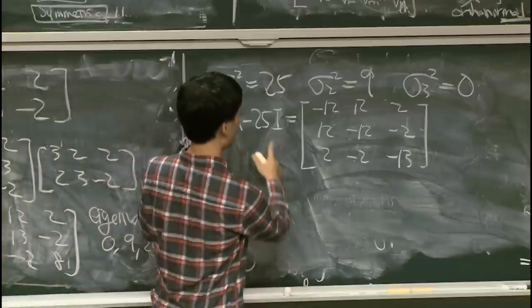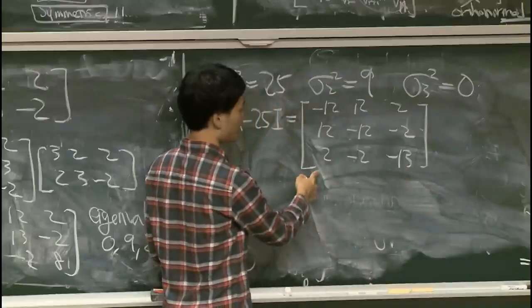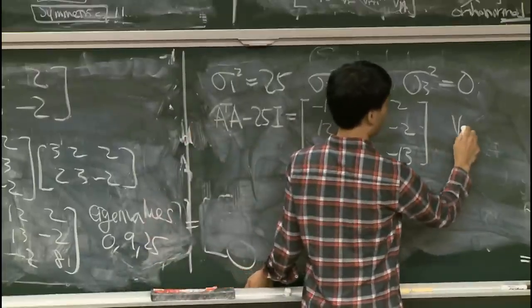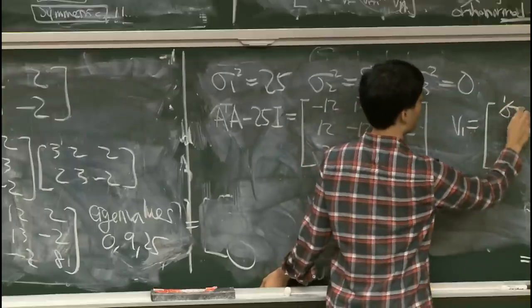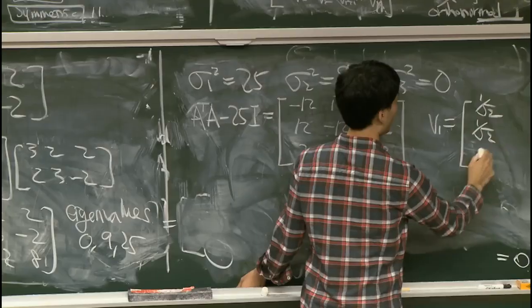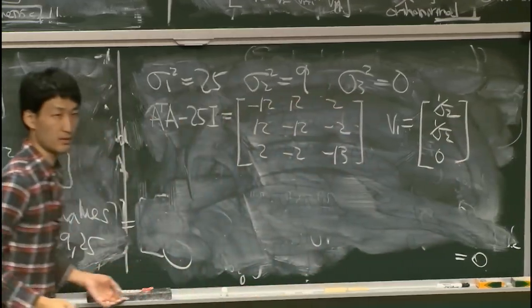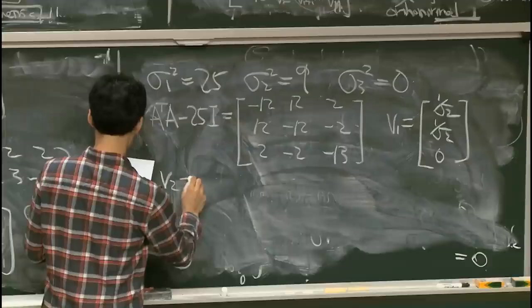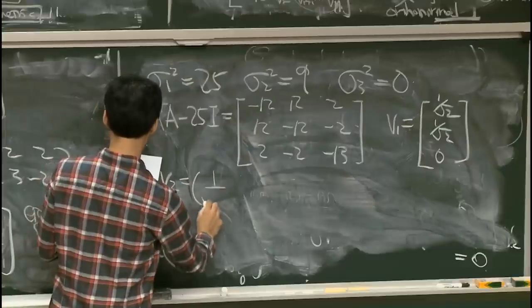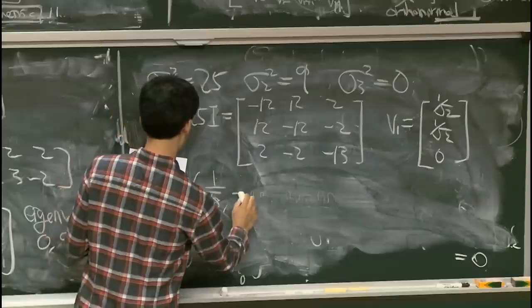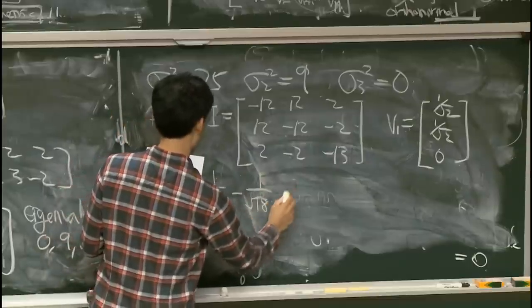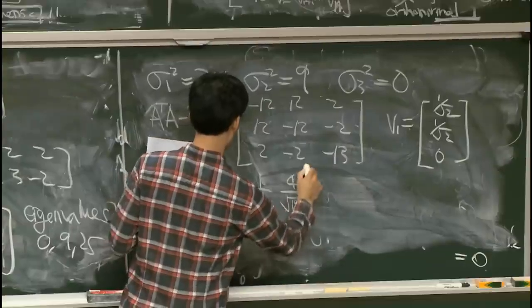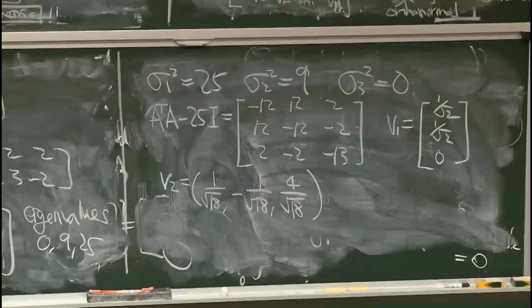And then you have to find a vector which annihilates this matrix, and I can take one of those vectors to be just 1 over square root 2, 1 over square root 2, 0, after normalizing. Okay. And then just do it for the other vectors. Yeah, you find v2 to be 1 over square root 18, negative 1 over square root 18, 4 over square root 18.